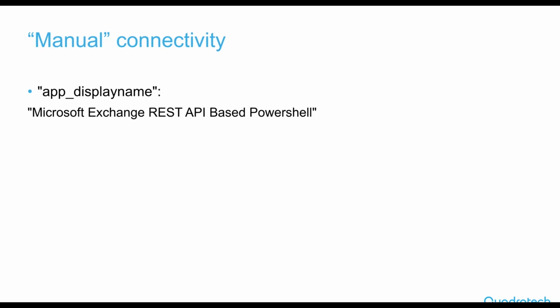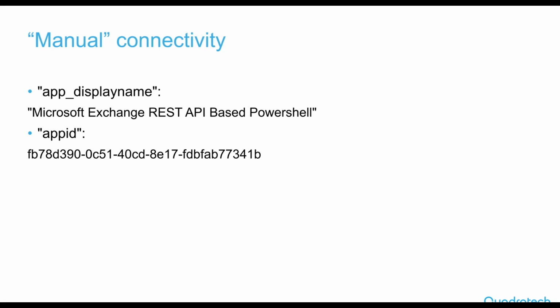Basically, you can think of the new Exchange Online RESTful commandlets as being powered by the Graph on the backend. So if you are aware of how you can connect to the Graph, you can apply pretty much the same method for connecting to the new Exchange commandlets. You don't actually need the app display name, but I've included it for completeness.